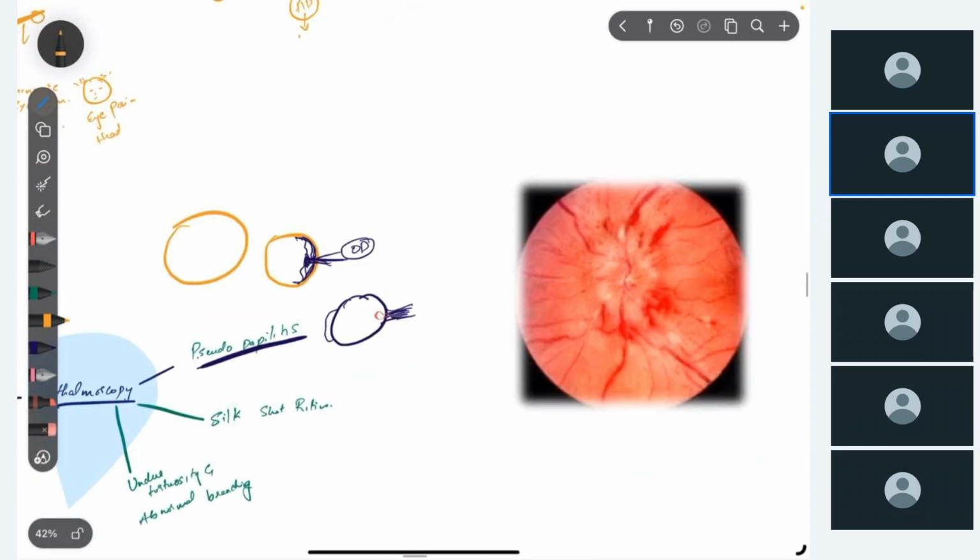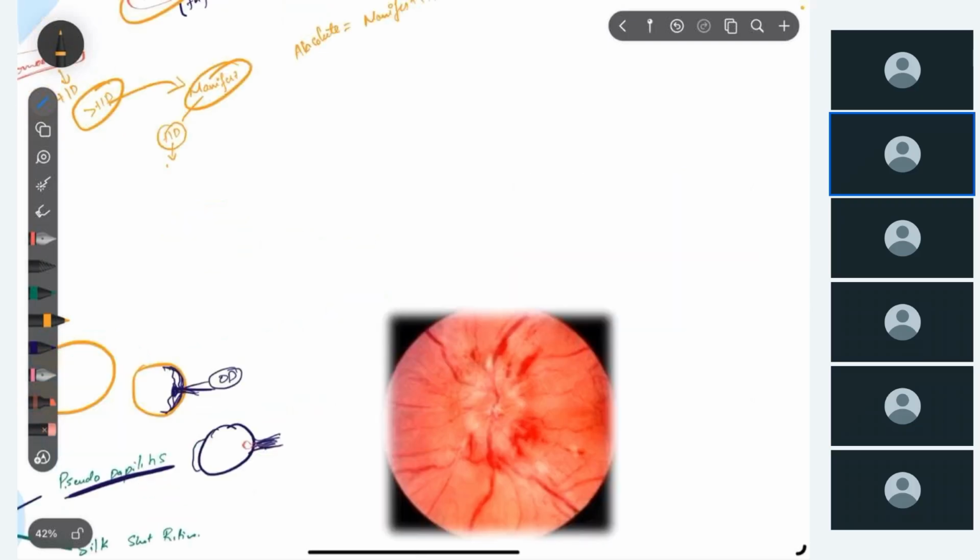Now, inside the eyeball, when you put a retinoscope or ophthalmoscope and see, this is the fundus which you are seeing. This is the retina. In the retina, you have this optic disc and you have a macula.